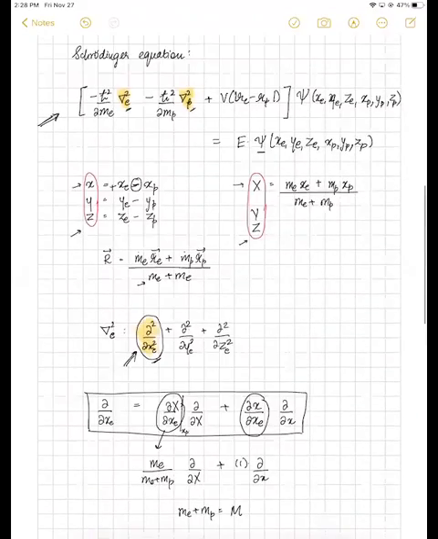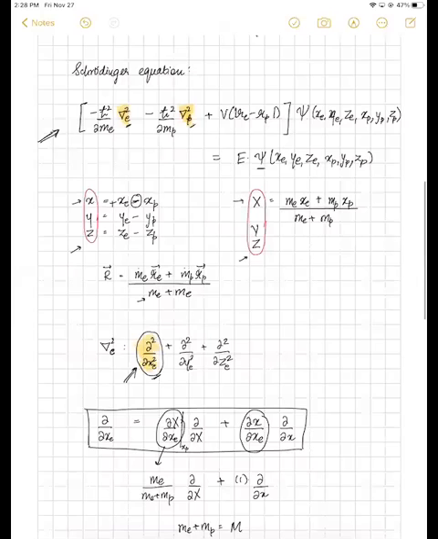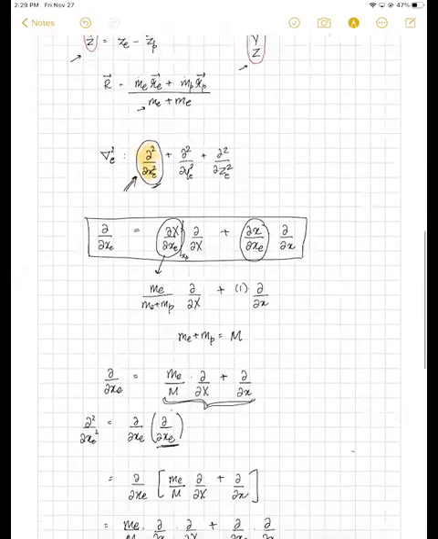Let's remember again what we're trying to substitute. We're trying to substitute the Schrodinger equation in terms of xe and xp to small x and capital X, right? So let me just write down this part again.